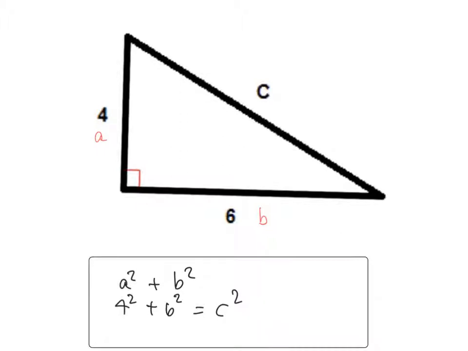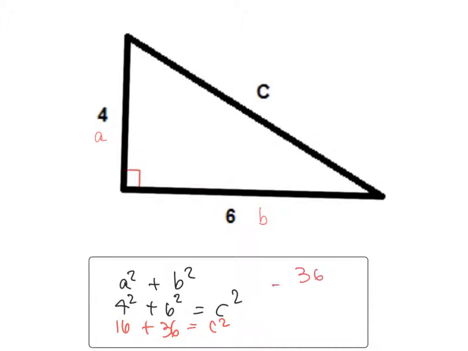And again, you could interchange the A and B. You could say A is 6 and B is 4. After I do this, I realize that 4 squared is 16, 6 squared is 36, and remember I do order of operations: you do exponents before you add. And that's equal to C squared.